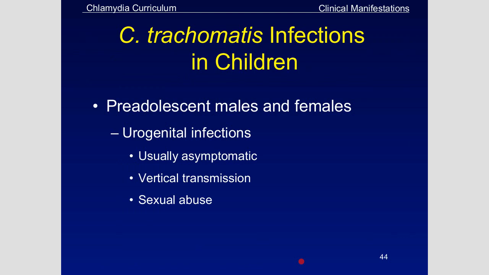If you were to see a case of an 8 or 9 year old girl or boy having some kind of infection, and they can isolate Chlamydia trachomatis, then you really have to find out if there is a history of sexual abuse, because there's no other way for them to get it.